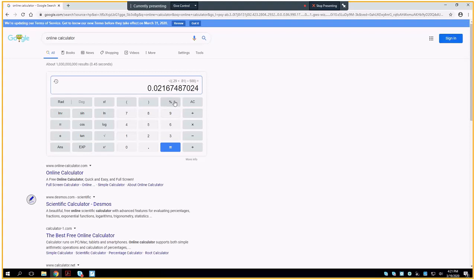Maybe I made a typing error. Let's try it again: 0.29 times 0.81, divide by 500, and then take the square root.